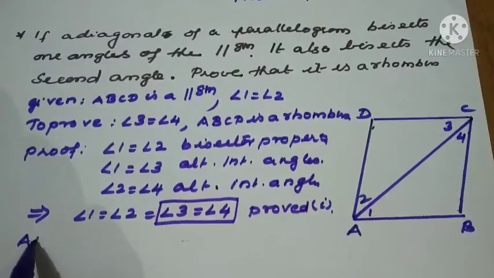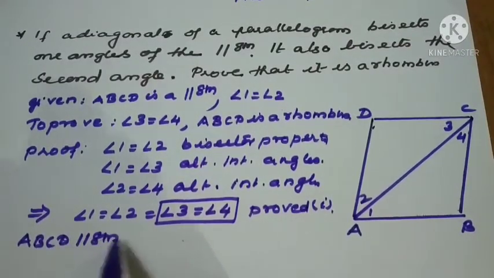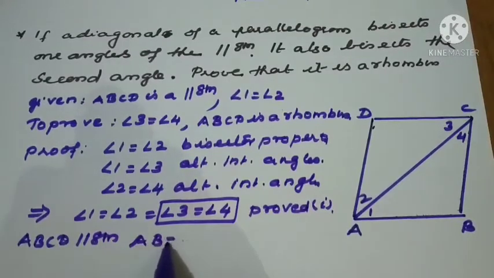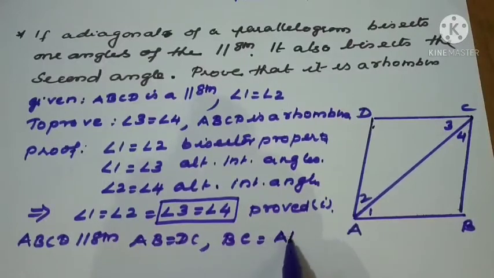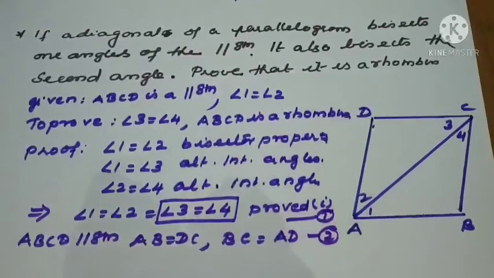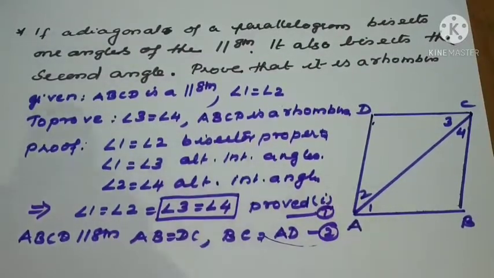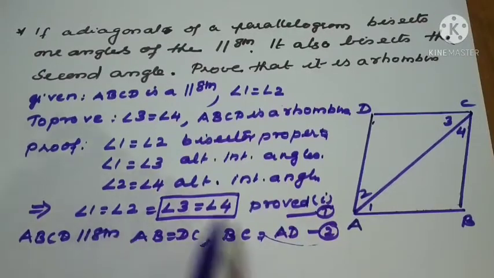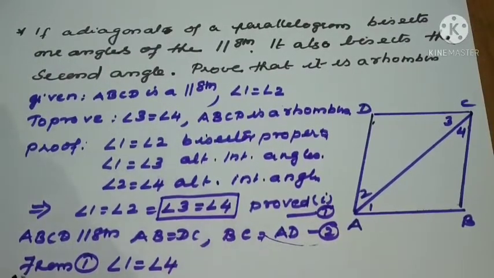Now ABCD is a parallelogram. AB equal to DC, BC equal to AD. That means opposite sides are equal, equation number 1 and equation number 2. Now what can we write, angle 1 and 4 are equal only because using from 1, it's triangle ABC.